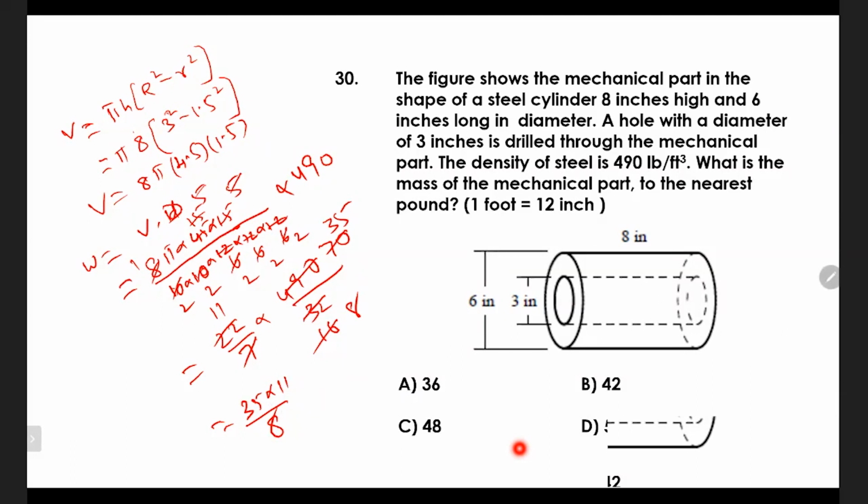So 1.4 approximately into 35. This is 20, 4 3s are 12 plus 2, 14, then 35. So this is approximately 49. This is the answer.